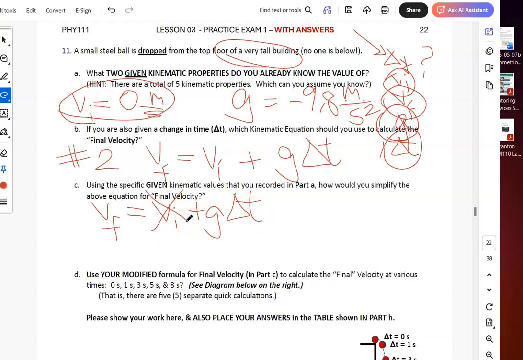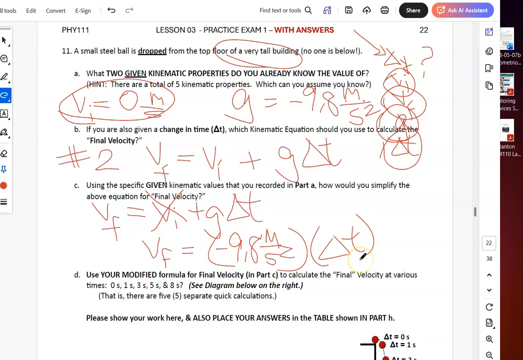And that leaves us with g times delta t, but we know g is equal to negative 9.8 meters per second squared. So we can rewrite this as the final velocity equals negative 9.8 meters per second squared times whatever our change in time is.